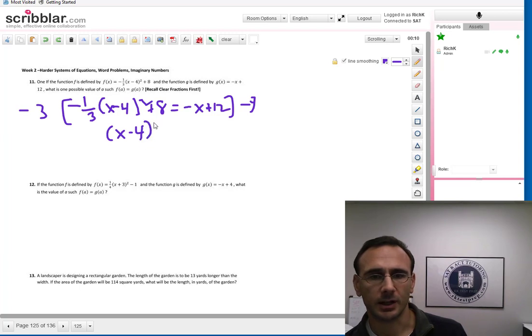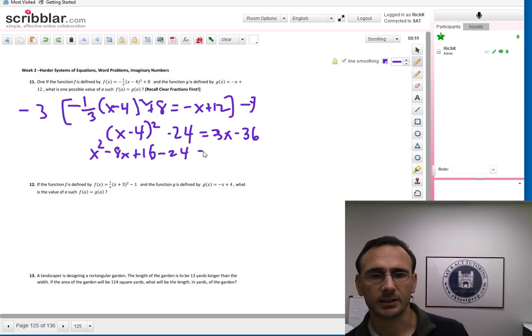so that when I FOIL out x minus 4 squared, I don't get any issues with it. So then we FOIL it out, and now again when we have an equation with both x's and x squareds, we have to move everything to one side so we can factor and solve.